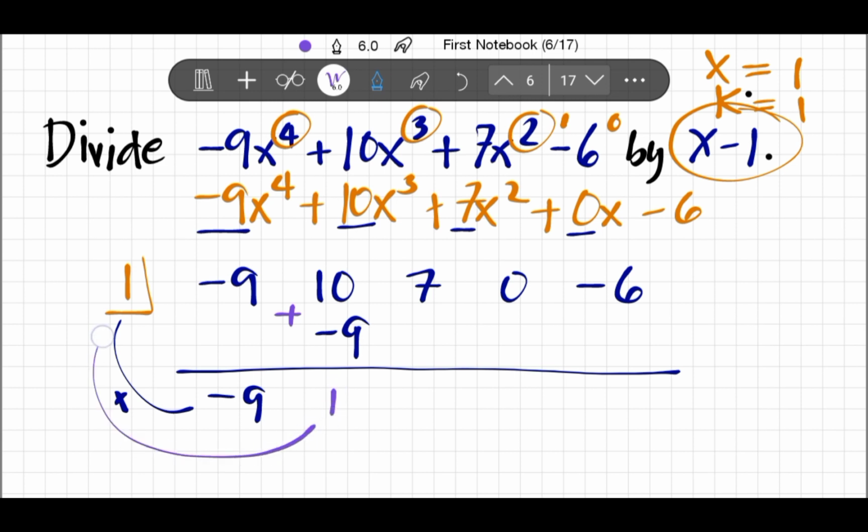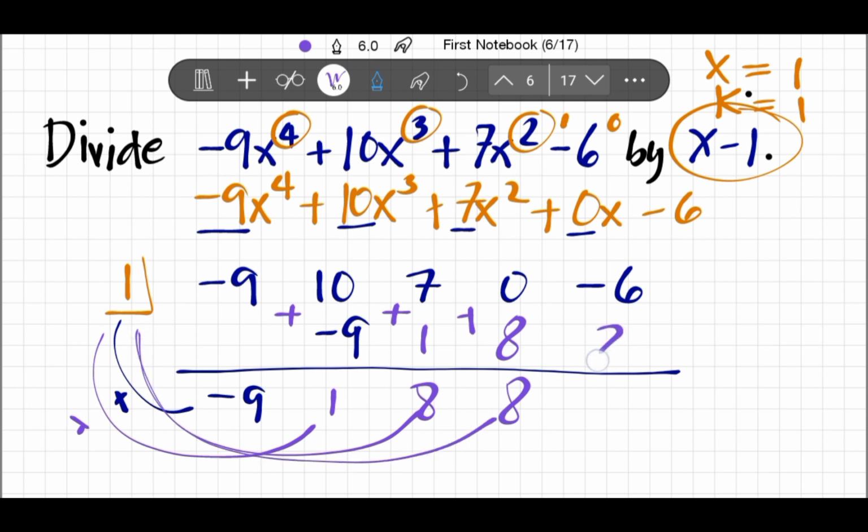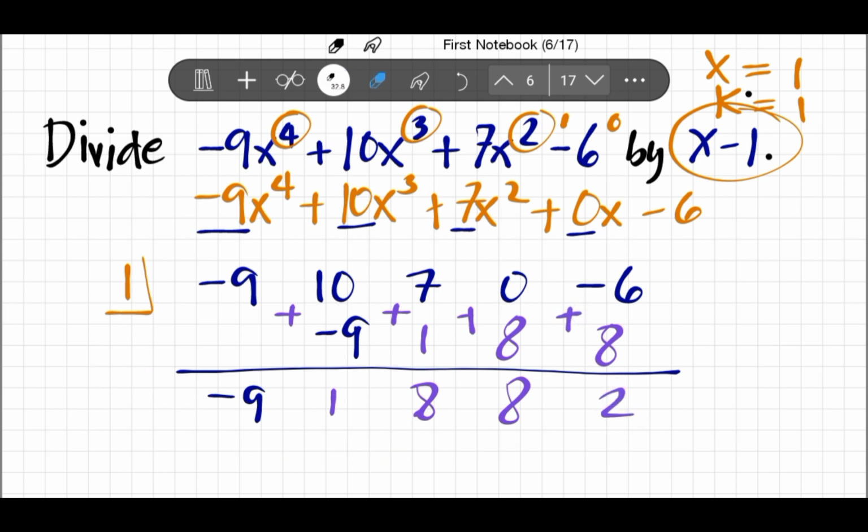Multiply positive 1 by positive 1, which is the k. So you have 1. And then add them. 7 plus 1, you have 8. 8 times 1, you have 8. 0 plus 8, you have 8. And 8 times 1 again, you have 8. Negative 6 plus 8, you have positive 2. Okay, so now let's find the quotient.